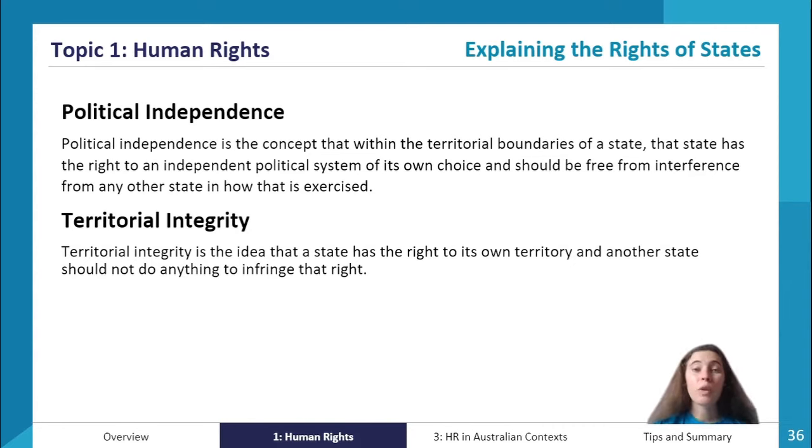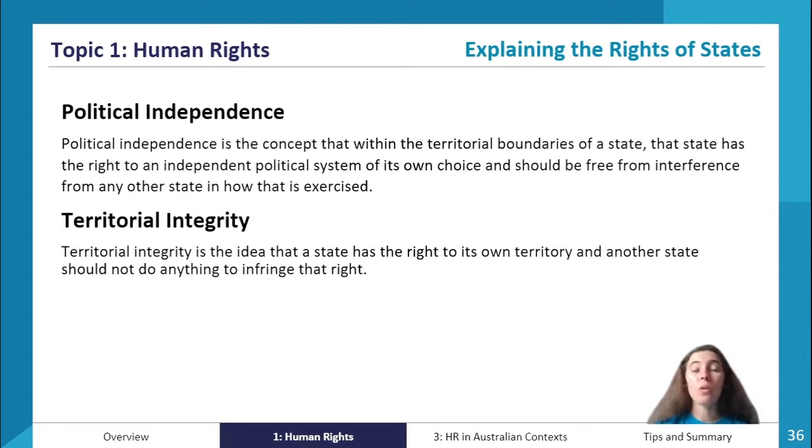So we've got different countries all over the world that have different political systems. Even countries that we are allies with have different political systems. So, for example, the United States has the presidential system, whereas here we have a prime minister. The United States doesn't have compulsory voting, whereas in Australia we do.